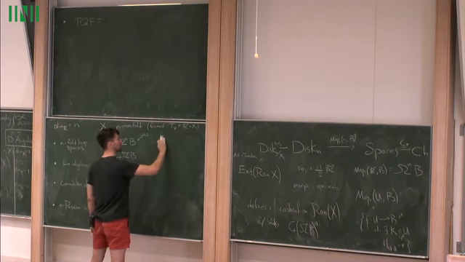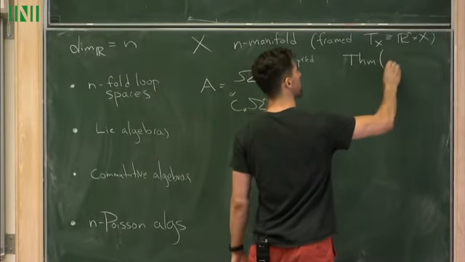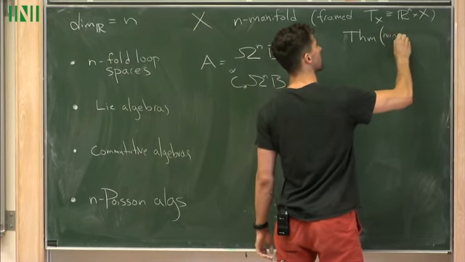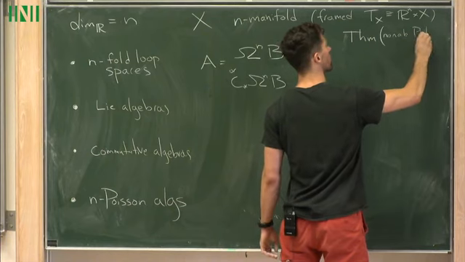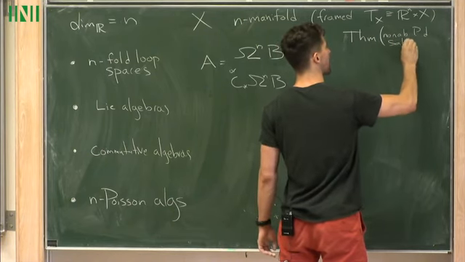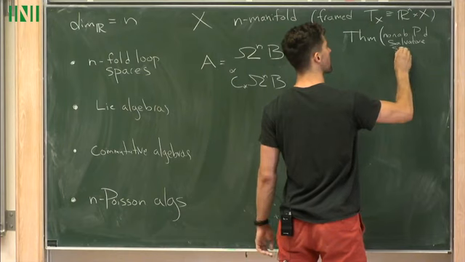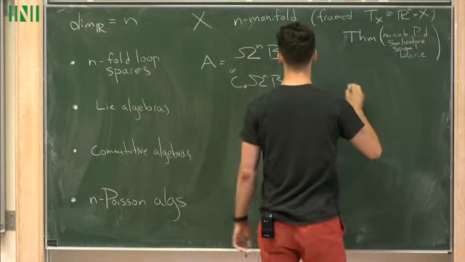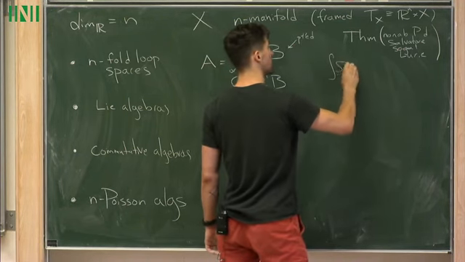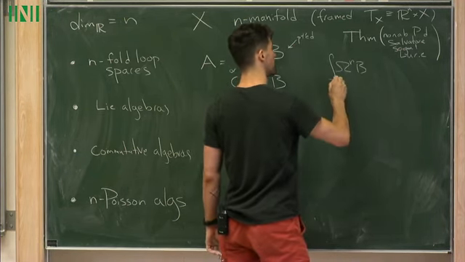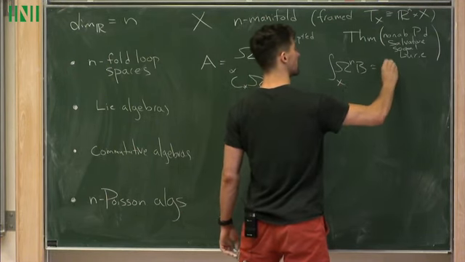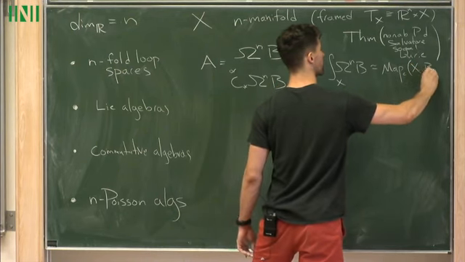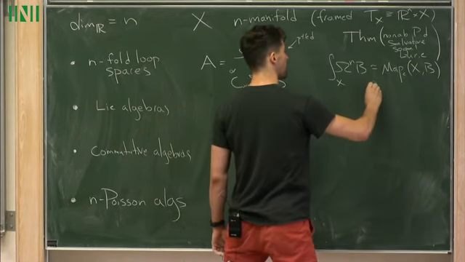What's factorization homology? There's a theorem known as non-abelian Poincaré duality, due separately to Paolo Salvatore, Graeme Segal, and Jacob Lurie, that says that this factorization homology is equivalent to the space of maps from X to B if B is n-connective.